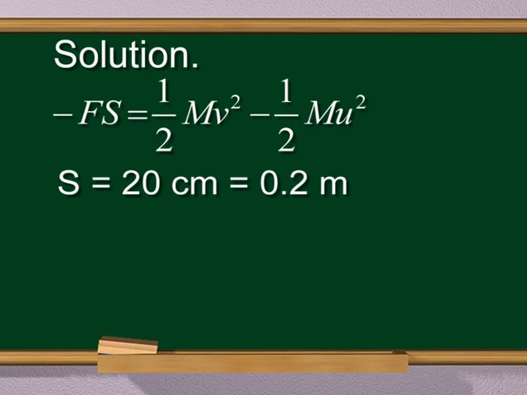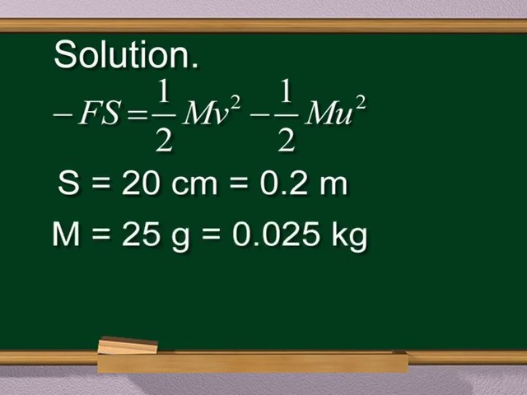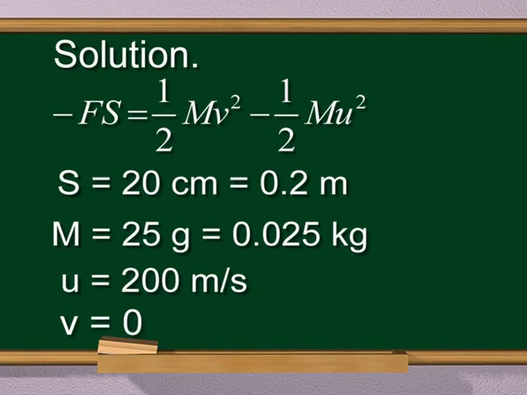Mass of the bullet M is equal to 25 gram, which is equal to 0.025 kilogram. Initial speed of the bullet U is equal to 200 meter per second, and the final velocity of the bullet V is equal to 0.